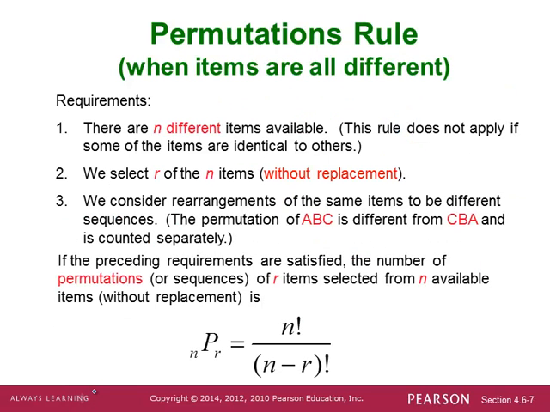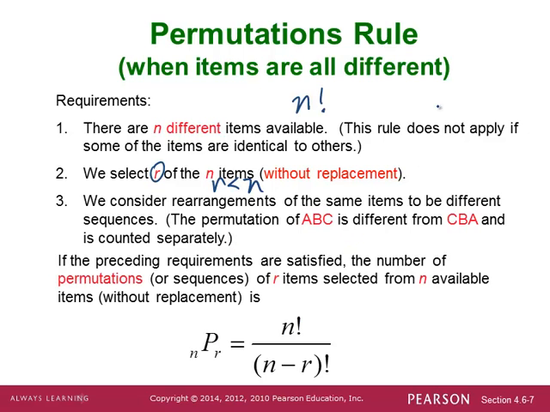The permutation rule says that if you have n different items available and you are going to arrange all of them, then there's n factorial ways of doing that. But suppose that you select r of them, where r is less than n.